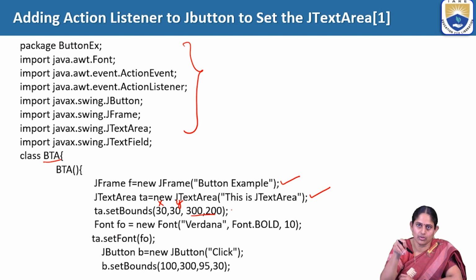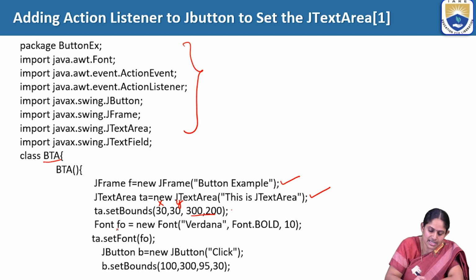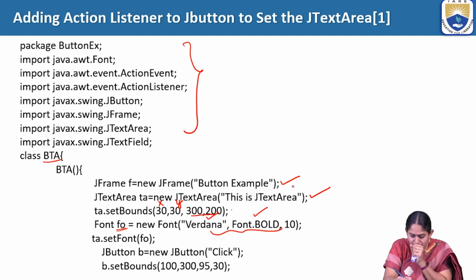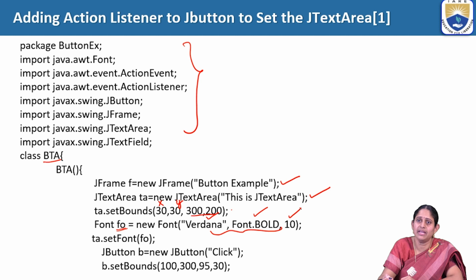Now we are making use of some font, so that text area will be placed with that particular font. To assign a font to the text being used inside the text area, we are making use of the Font class which is available inside the AWT package. We are creating an object of the Font class with these particular features: the font will be of type Verdana, bold, and the size will be 10.